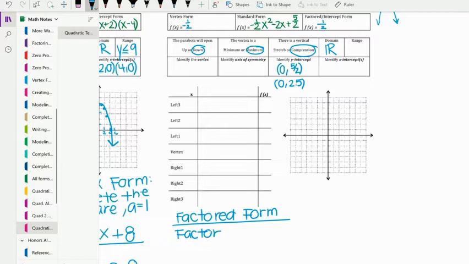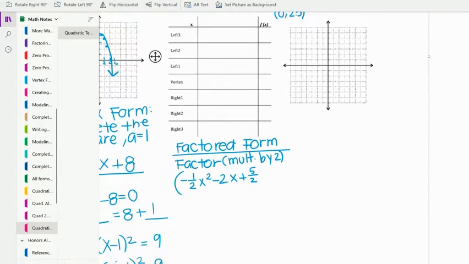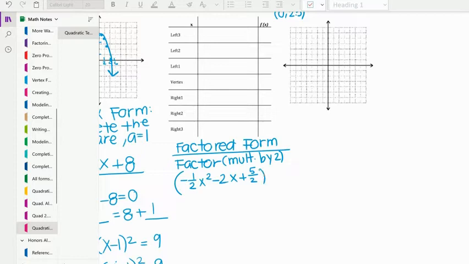But looking at it, we have -1/2 x squared minus 2x plus 5/2. I don't really like those numbers, so what I'm going to do is multiply everything by 2. Actually, even better, I'm going to multiply by -2. If we do that, it's going to make our lives a lot easier.